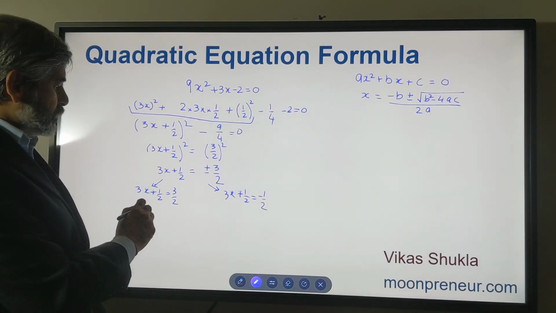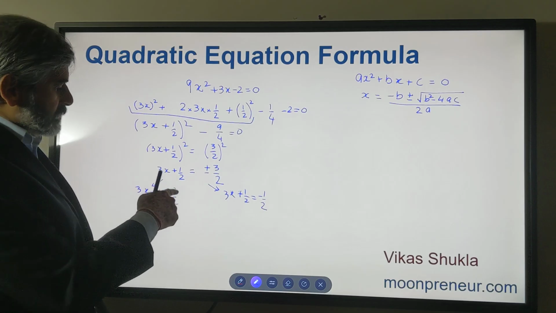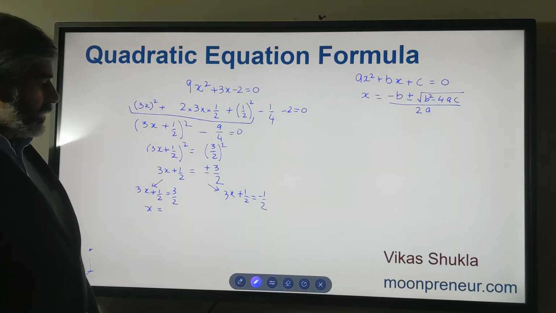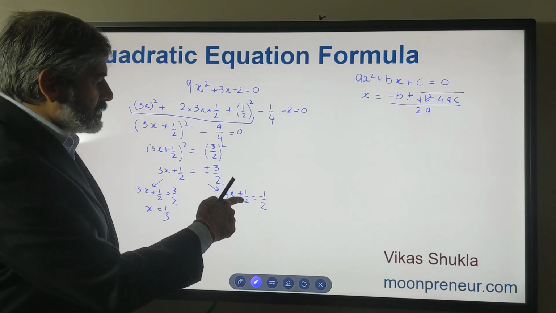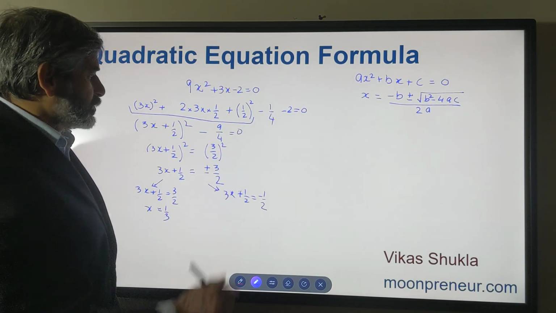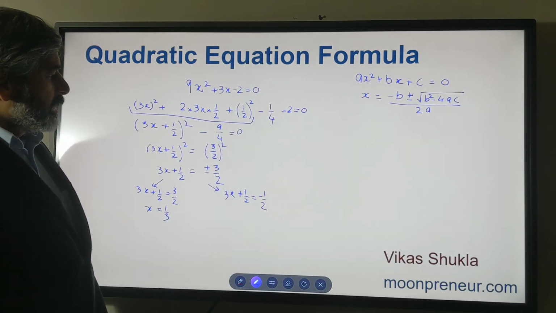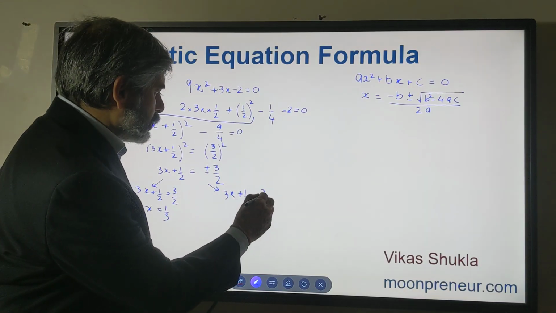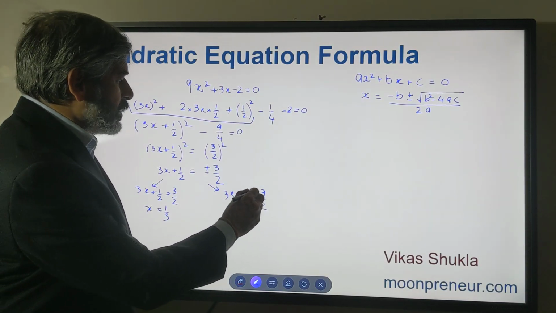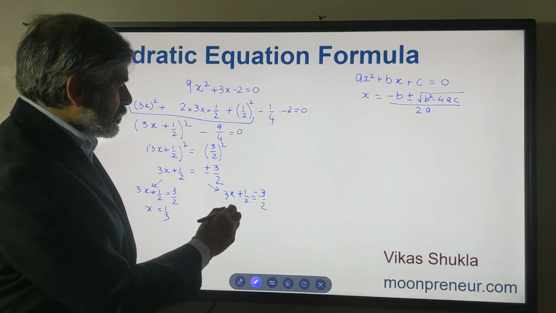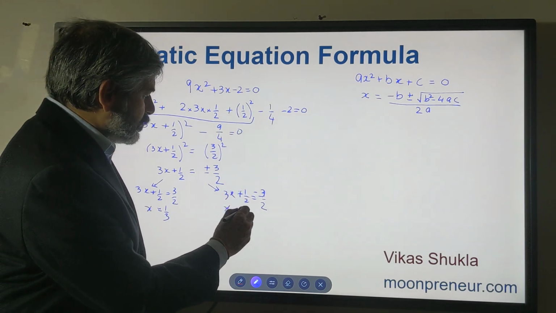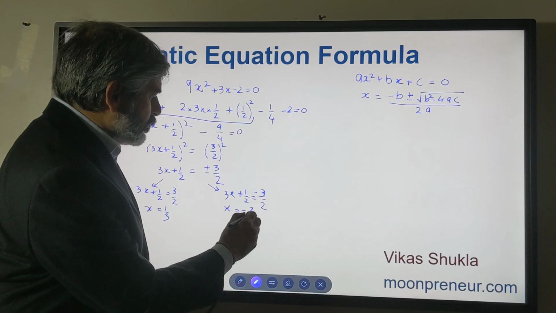With 3 by 2, this will give x equal to 3 by 2 minus 1 by 2, which is 1, and 1 divided by 3 is 1 by 3. In the other case, minus 3 by 2 and minus 1 by 2 is going to be minus 2, so x is equal to minus 2 by 3.